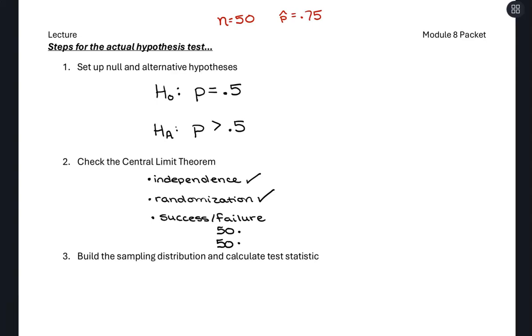So checking success failure, we do not want to use our sample statistic. Instead, we want to build everything around this null hypothesis. So I'm going to use 0.5 for p and 1 minus 0.5 for q, which is also 0.5. I really only need to do that once, but here we are. Okay, more than or equal to 10, more than or equal to 10, and we're good there. So all that tells me is that I can go use a bell-shaped curve.